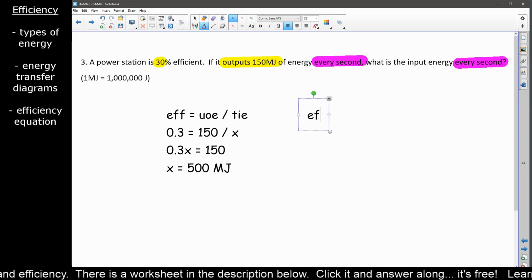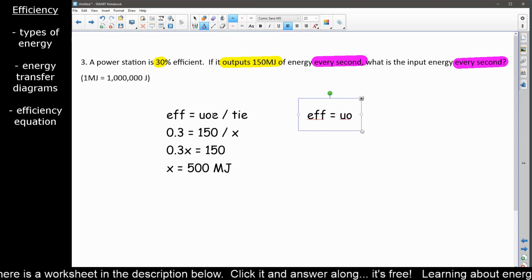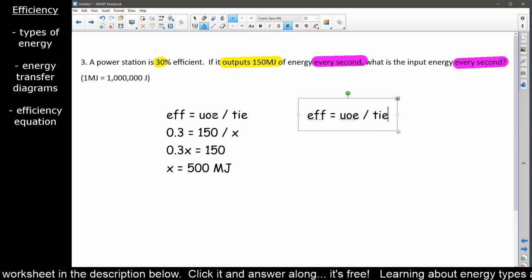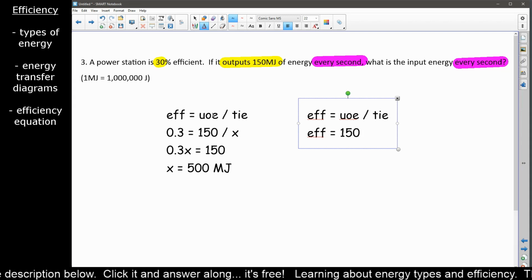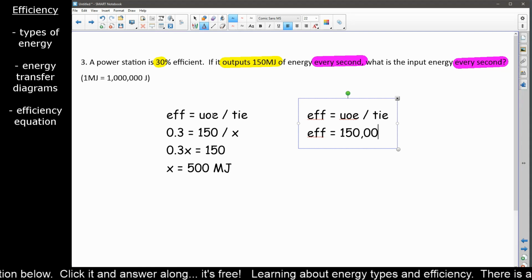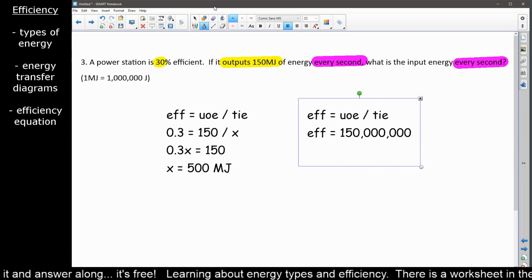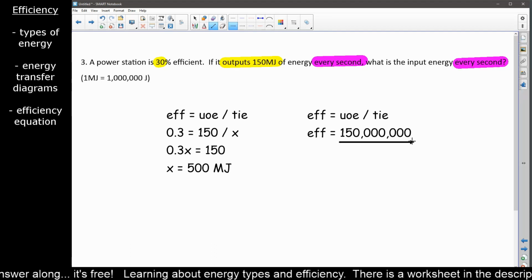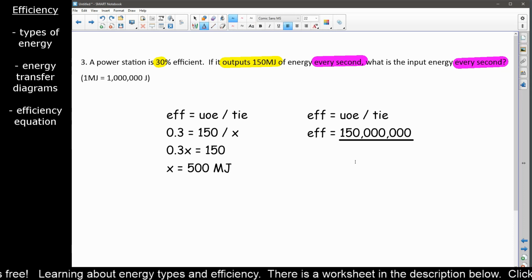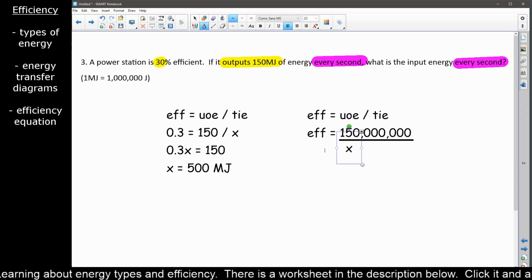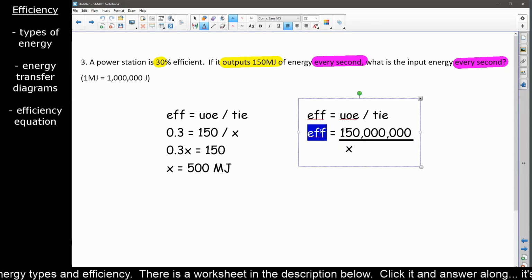For the sake of completeness though, we'll do it as if you did convert. So that'll give me the same first line, useful output energy over total input energy. My efficiency therefore is equal to my useful output energy, which was 150 million, and we'll do this as a proper division. It'll look a bit weird, but we'll do it anyway. And we want that again over x. Our efficiency was 0.3, so we can replace that in here as well.